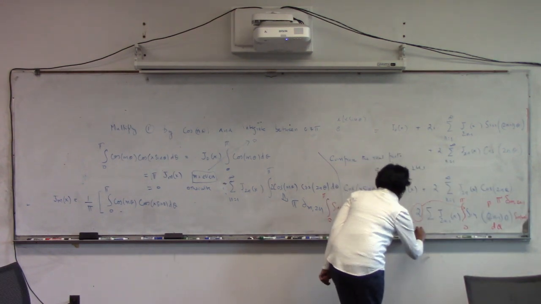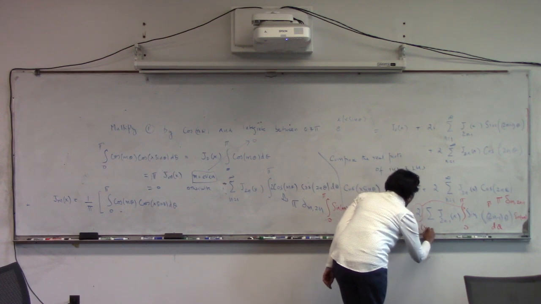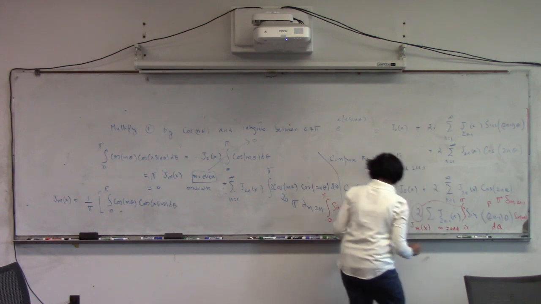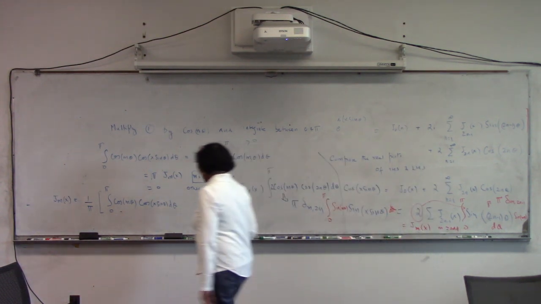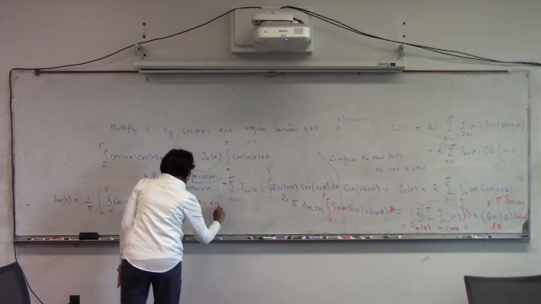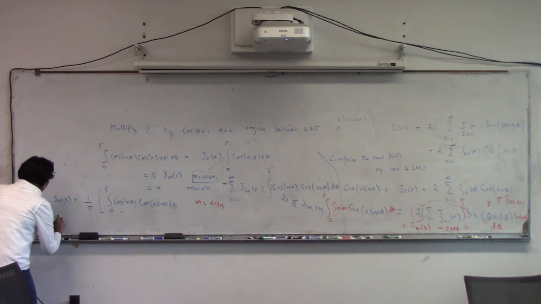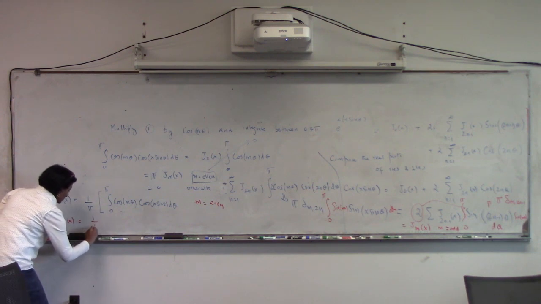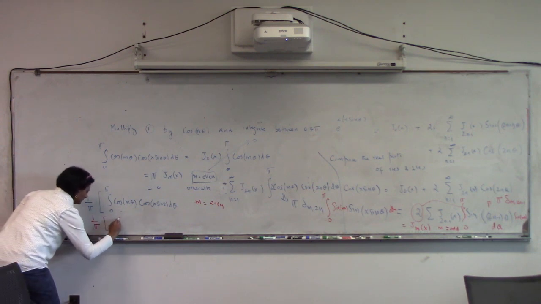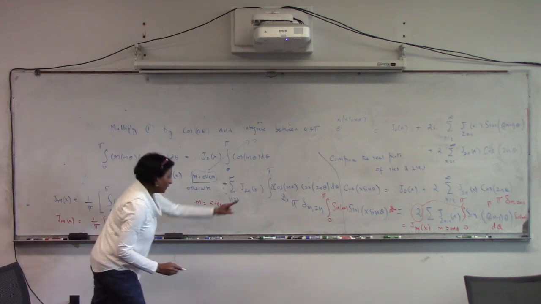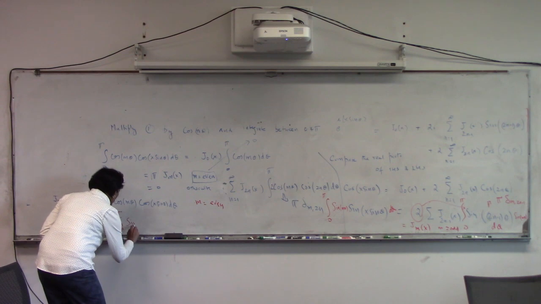So I have an expression now for when m is odd. I have another expression for the Bessel function. So the earlier one is true for when m is even, and I have another expression for the Bessel function when it is odd.